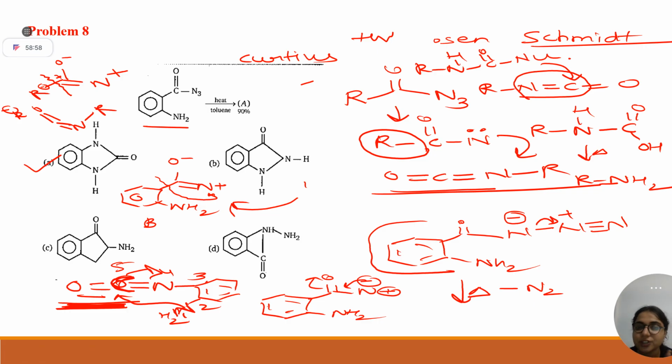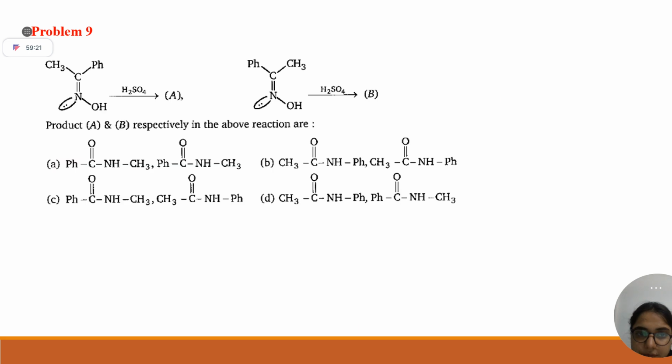The only question that may be asked in your nitrene will be like this. You just have to migrate that R group to nitrogen and attack whatever reaction the questioner asks further. Either he will give you H2O or any external nucleophile. Clear? Okay, good.